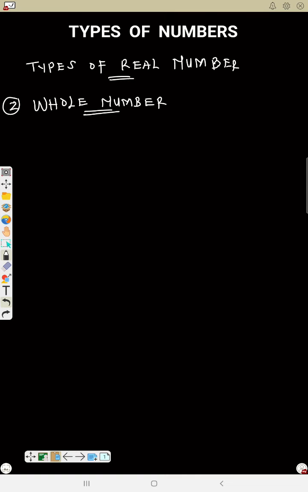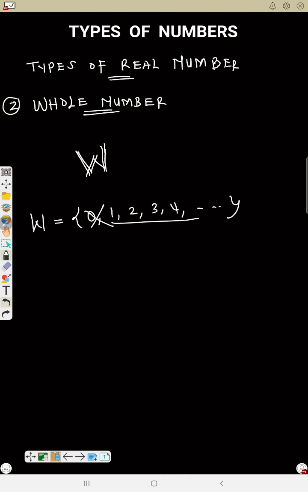The set of whole numbers is represented by W. Thus, we can say W equals 0, 1, 2, 3, 4, and so on. If you include 0, then it's a whole number. If you exclude 0, then it's a natural number. Take notes.